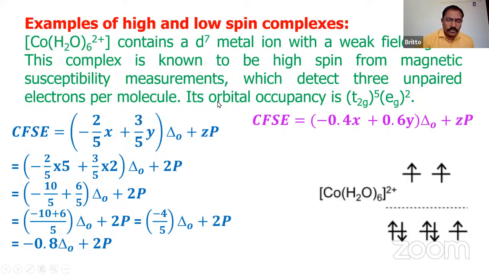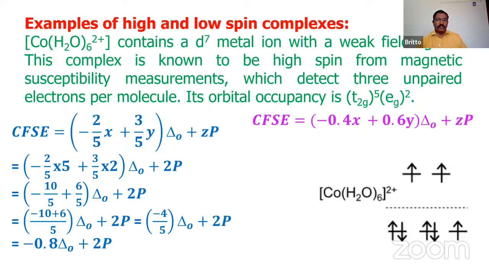Let us find out the crystal field stabilization energy. The formula is minus 2/5 x plus 3/5 y into delta O plus z into P. What is the number of electrons present in the T2G level? We have 5 electrons, with 2 paired orbitals and 1 unpaired orbital.